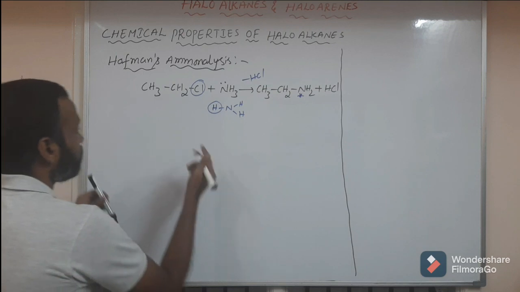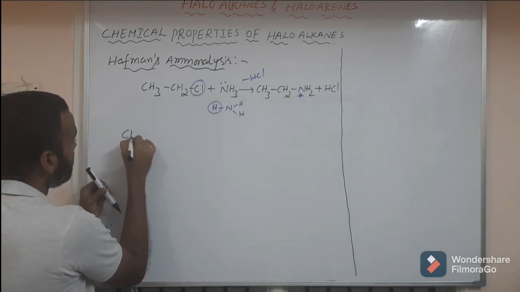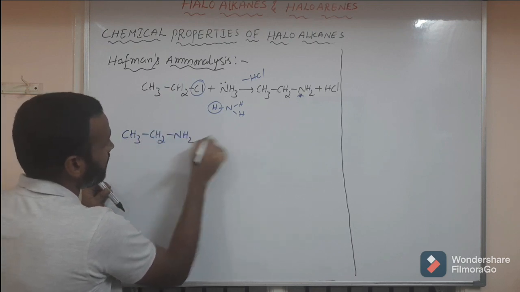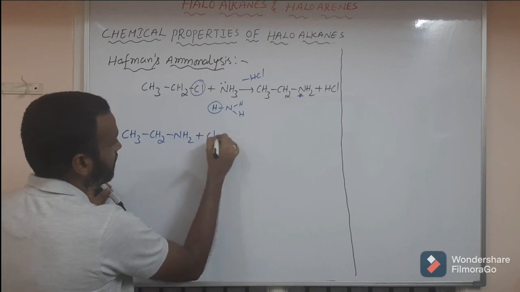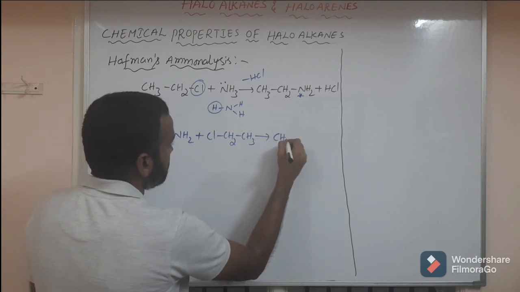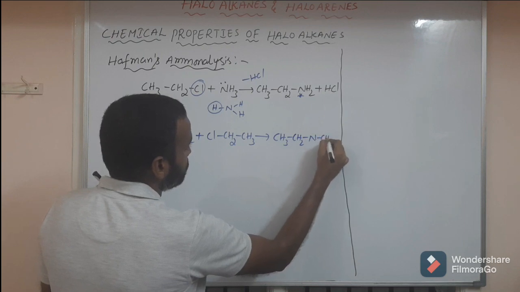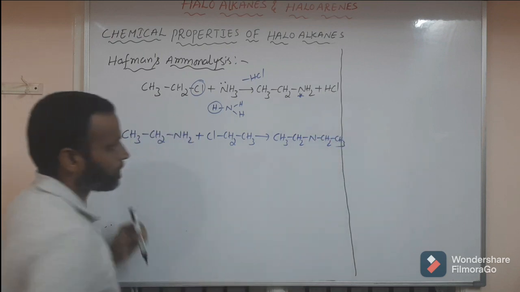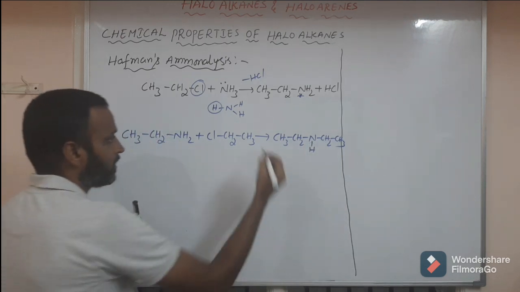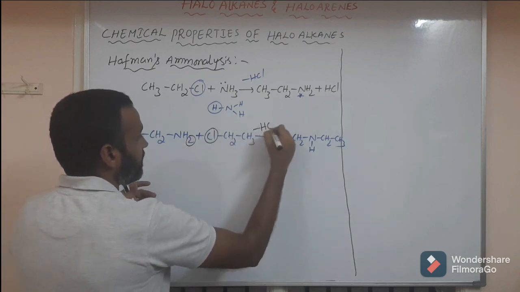I'll show you here. One time over, 1 mole of alkyl halide. Now second time, same story: CH3CH2NH2, this formula I am saying, and now Cl, CH2 and CH3. So what happened? CH3CH2, N, CH2CH3. One more hydrogen is there, so here 1 hydrogen and Cl removed as HCl.